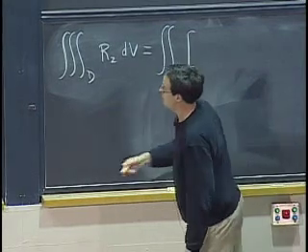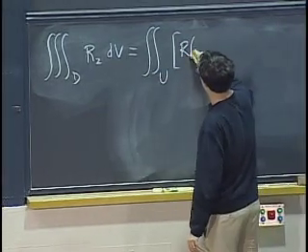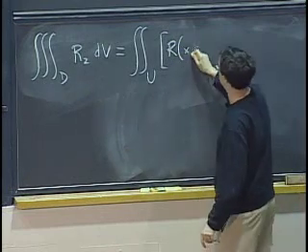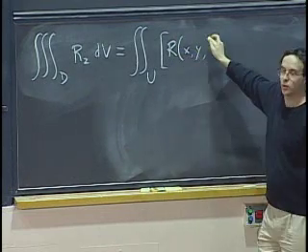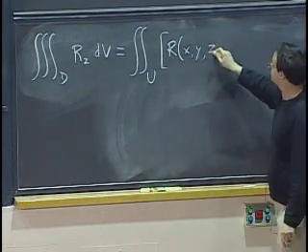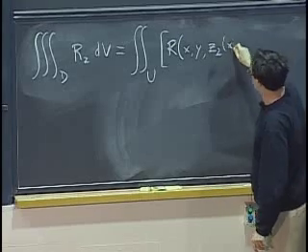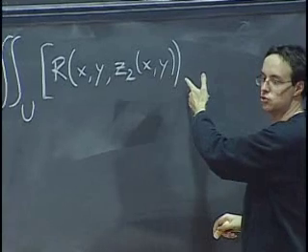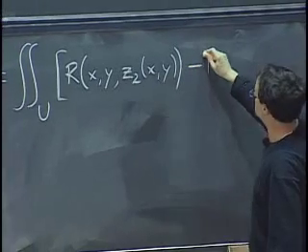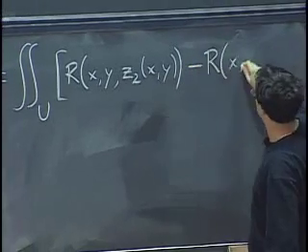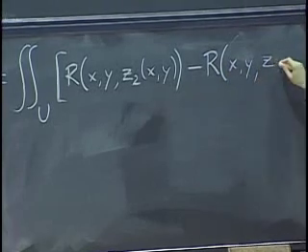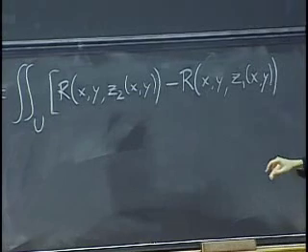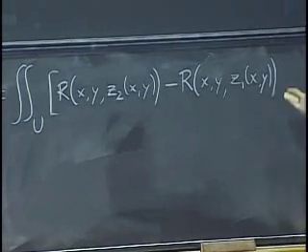the inner integral becomes r at the point on the top. Remember, r is a function of x, y, and z. And in fact, I will plug into it the value of z at the top, z2 of x,y, minus the value of r at the point on the bottom, x, y, z1 of x,y.